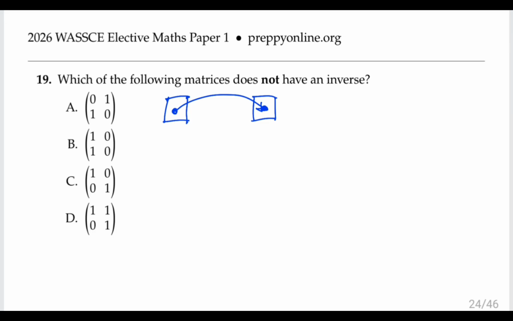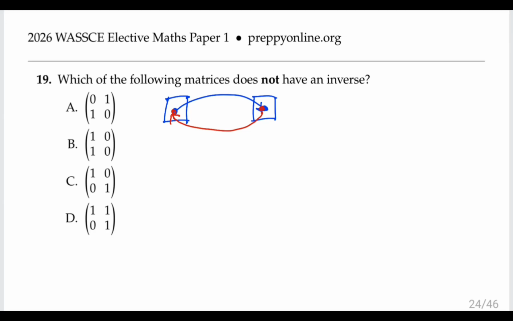And for it to have an inverse, there has to be a way of going back. So if you move from here to here, you should be able to come back. And that's what the idea of an inverse is.